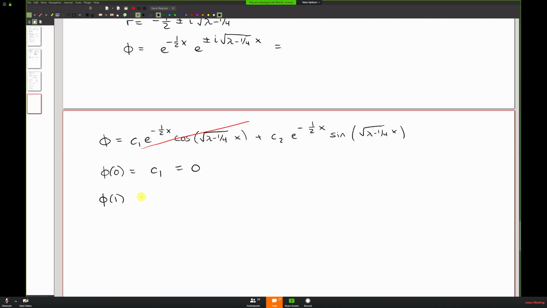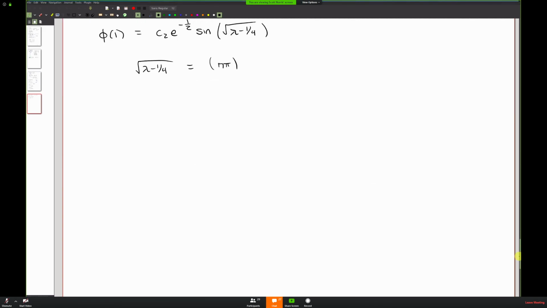And then phi of 1 is going to be C2 e to the -1/2 sine of the square root of lambda minus 1/4. Okay, and all the standard arguments apply. We don't want C2 to be 0; e to the minus a half isn't 0. And so we want the square root of lambda minus a quarter to be one of the roots of sine, which are n pi.